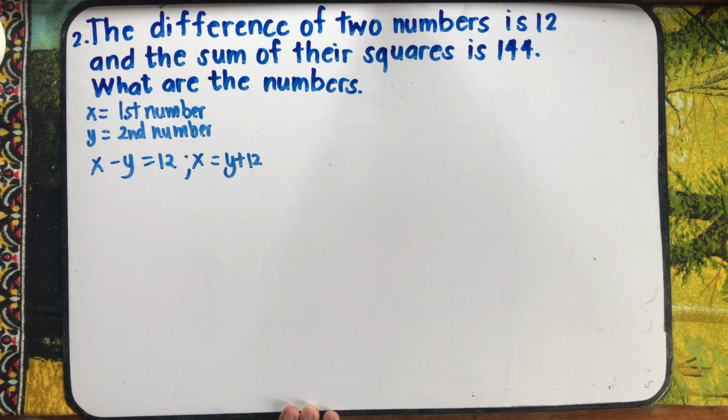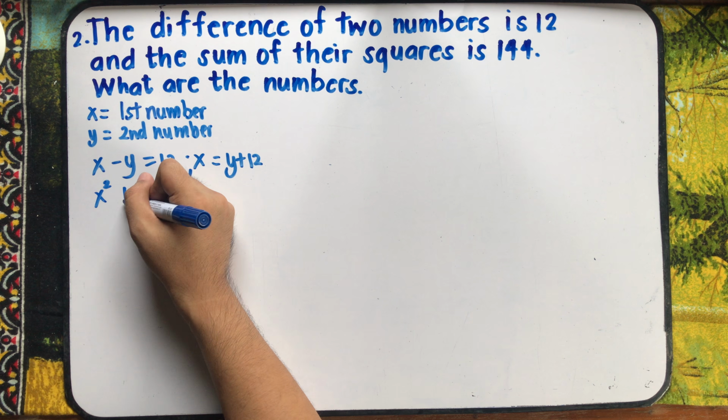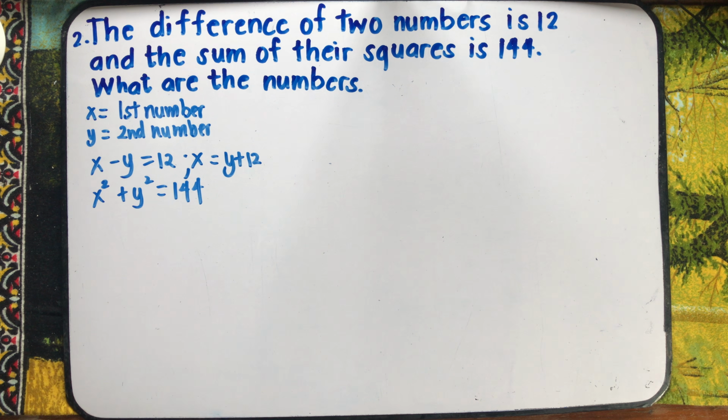And for the second equation, the sum of their squares is 144. Therefore, it becomes x squared plus y squared is equal to 144. Okay, so all we have to do now is to use substitution.